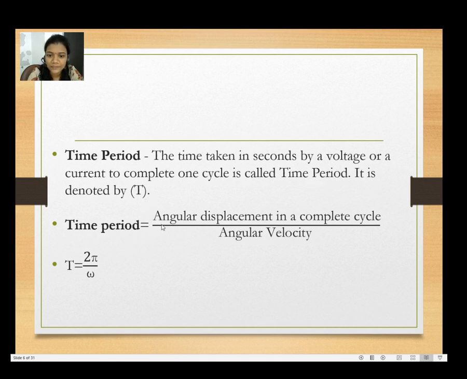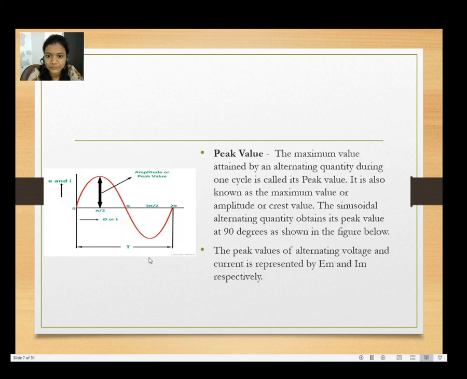Time period is the angular displacement in one complete cycle divided by angular velocity, and the formula is T equals 2 pi by omega. Then this is your peak value. What is meant by peak value? The maximum value attained by an alternating quantity during one cycle.